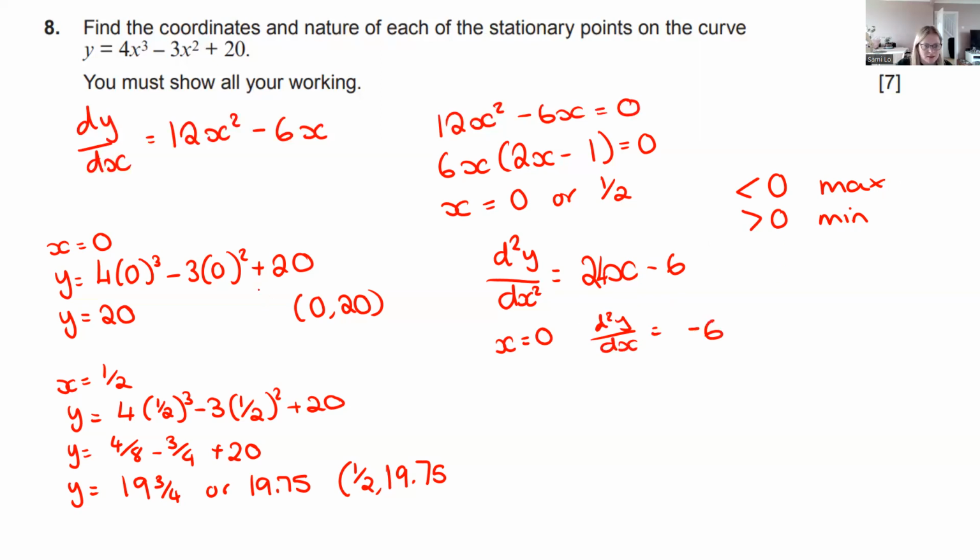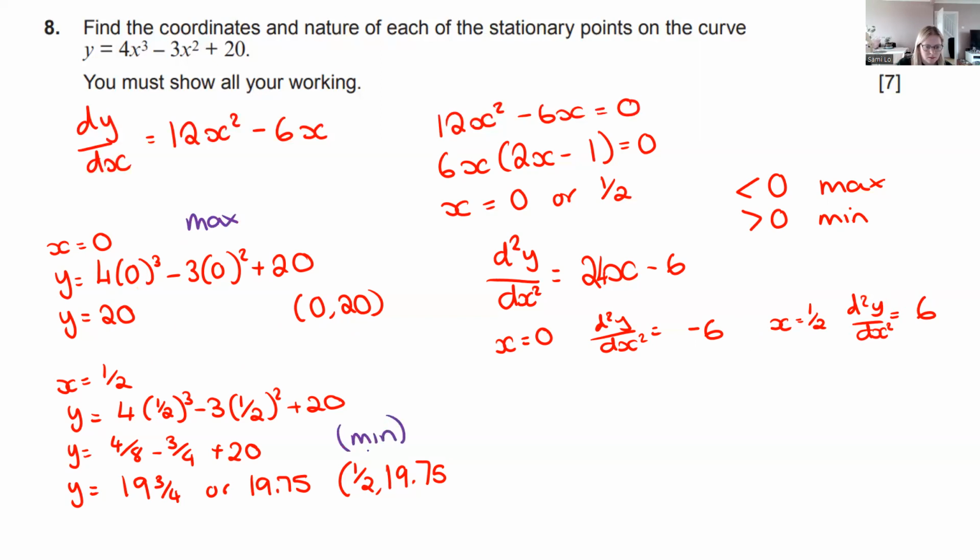So straight away, I know that's going to be my max point. And then the other one, when x is a half, d2y over dx squared is going to be 12 minus 6, which gives me 6 there. So finishing this question off, I've got my max point by here and my min point by there.